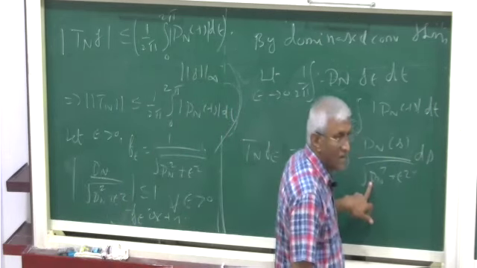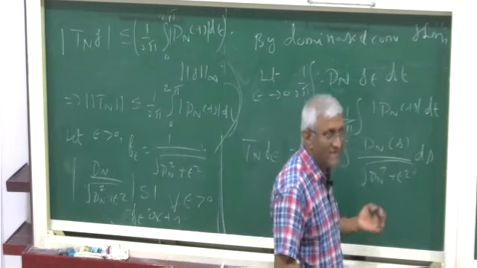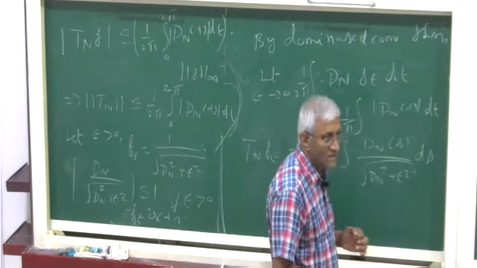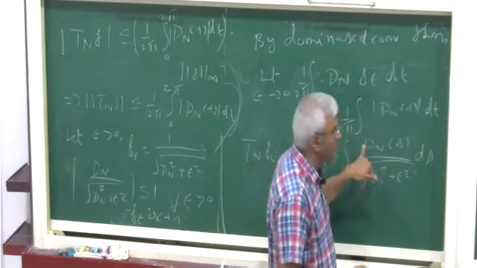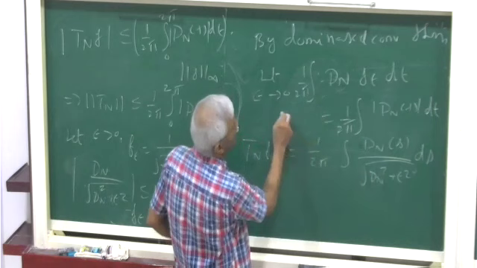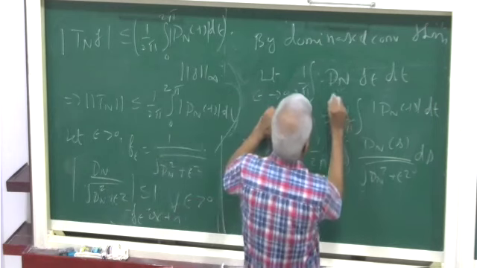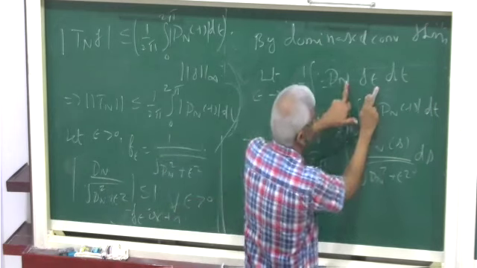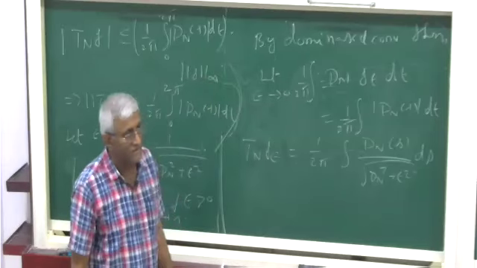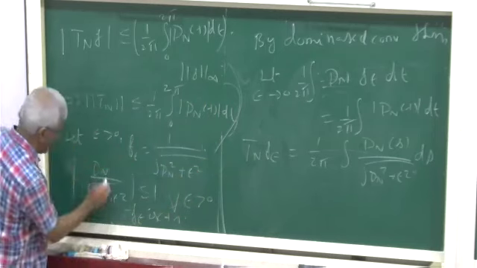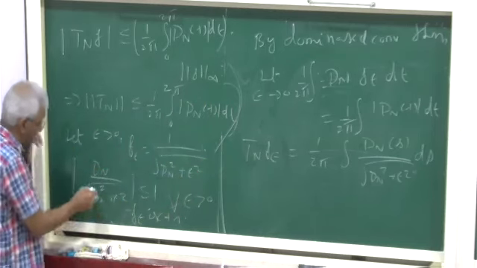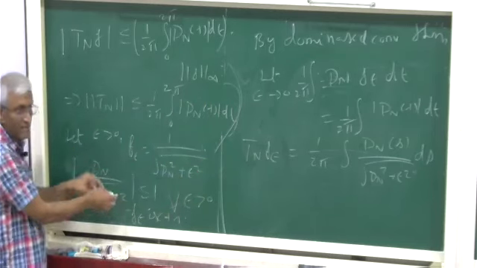Tn by mod Tn can be 0, and it's not a continuous function. It will converge to mod Tn. I can't take Tn by mod Tn because that's not continuous.